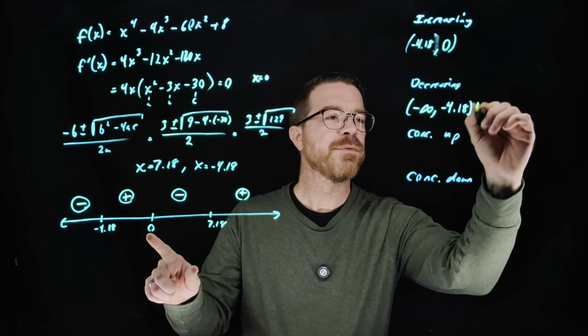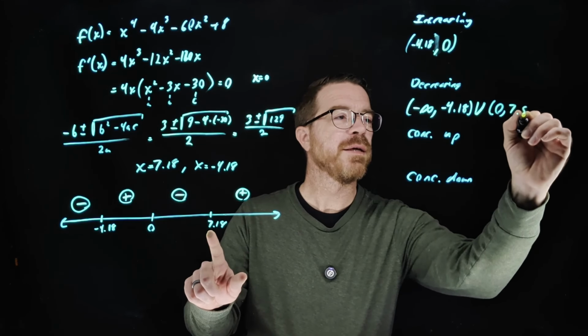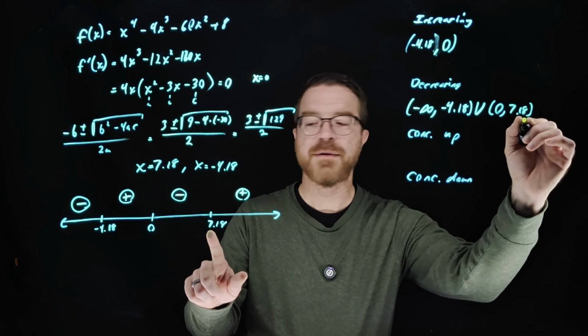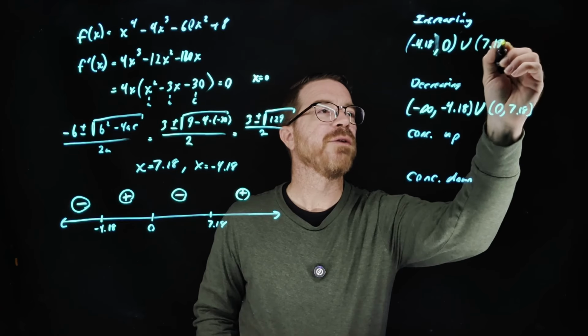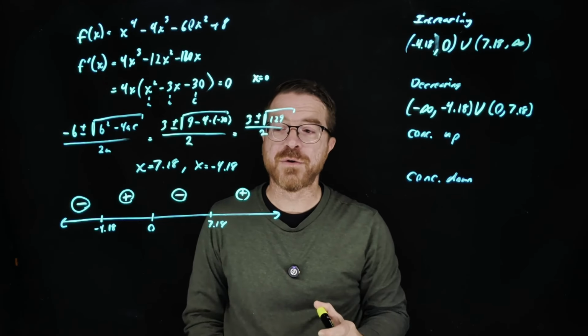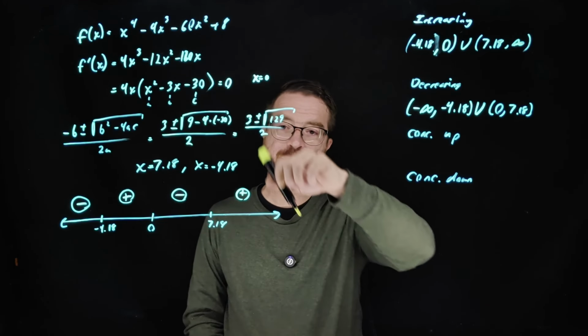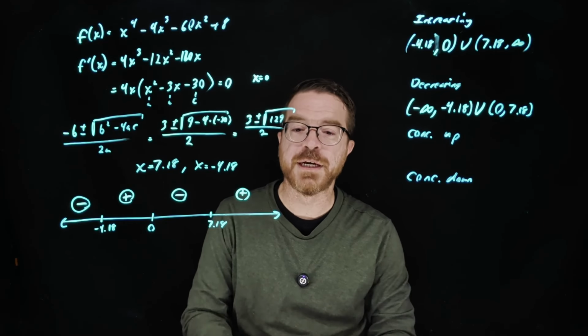Starting at 0, so union, 0 up to 7.18, it is now decreasing again. After 7.18, up to infinity, it is going to be increasing. So we have some function that's going downward, then it's going upward, then it's going downward, and then it's going upward until off to infinity.